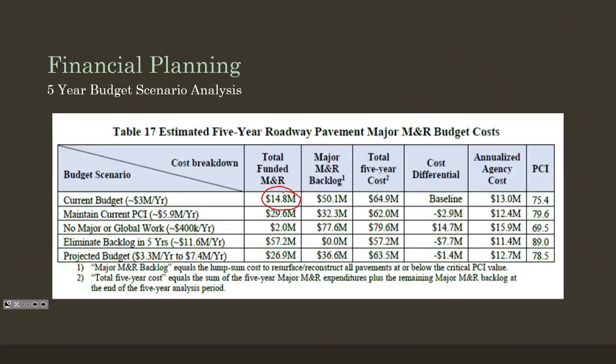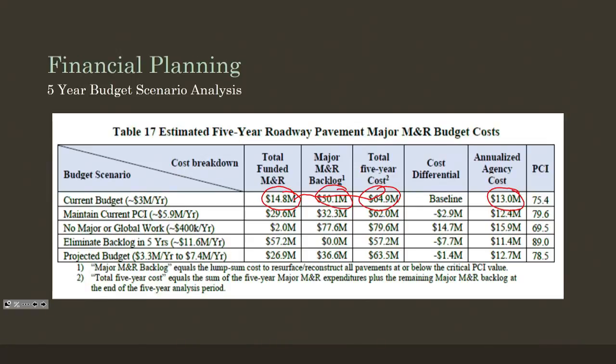If we fund our streets at this level, we'll accumulate backlog, or work that isn't getting done on the streets as they deteriorate. And that is this number, about $50 million over that 5-year period. You add these two numbers together to get our total 5-year cost. So this is our baseline program. If you annualize that cost of work over the 5-year period, it's about $13 million. And that leaves us with a PCI of 75.4.